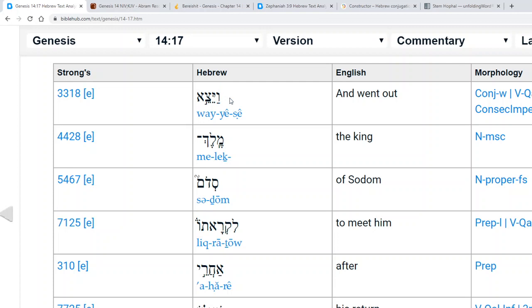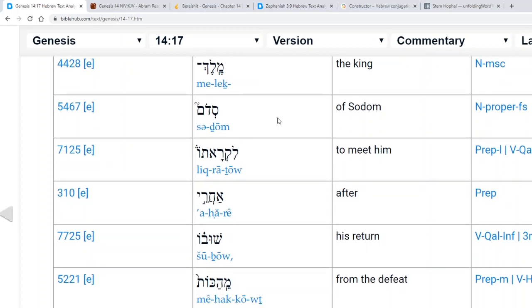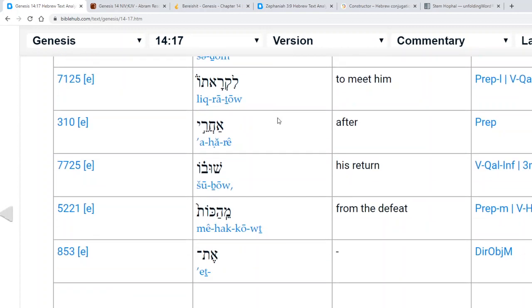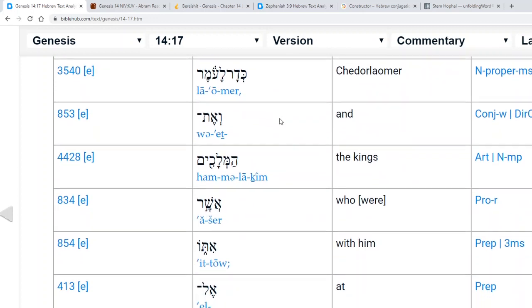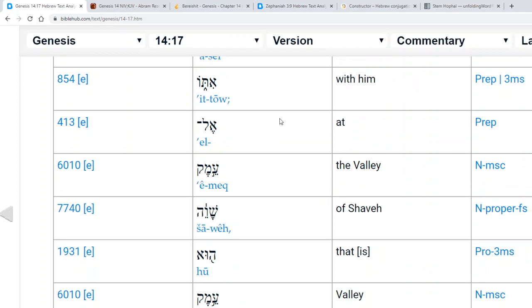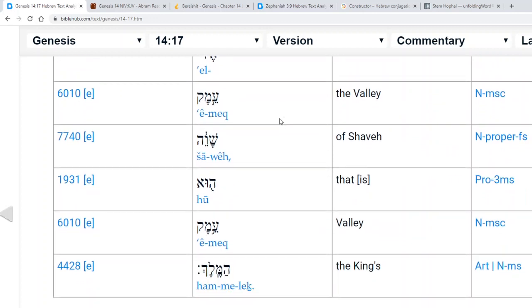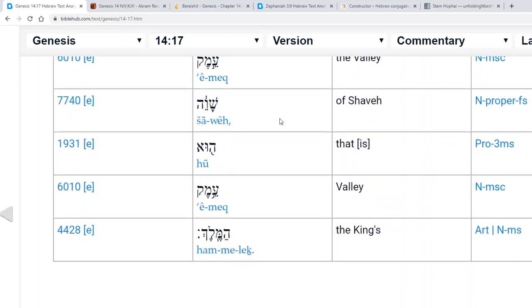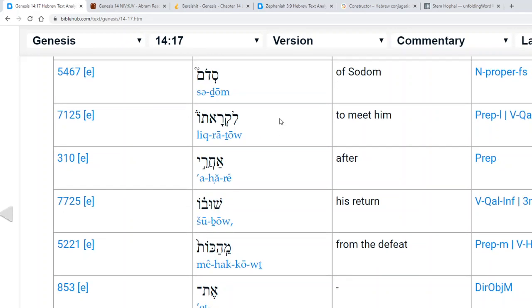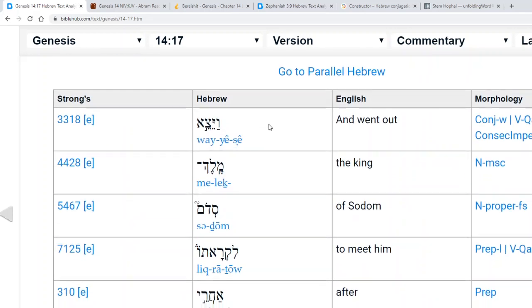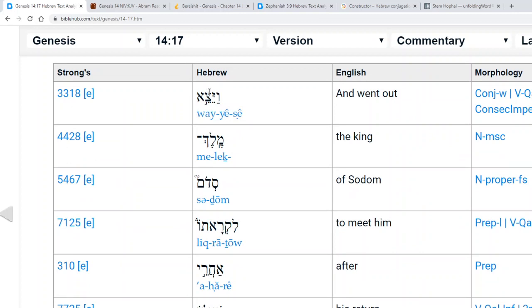Okay. Vayetze melech Sdom likrato acharei shuvo mehakot et kedar laomer ve'et hamelachim asher ito el emek shaveh hu emek hamelech. Okay. So conjunctive vav, yetze.